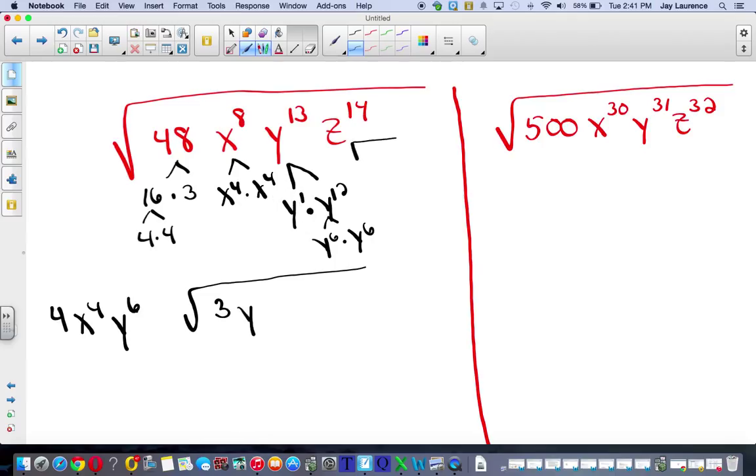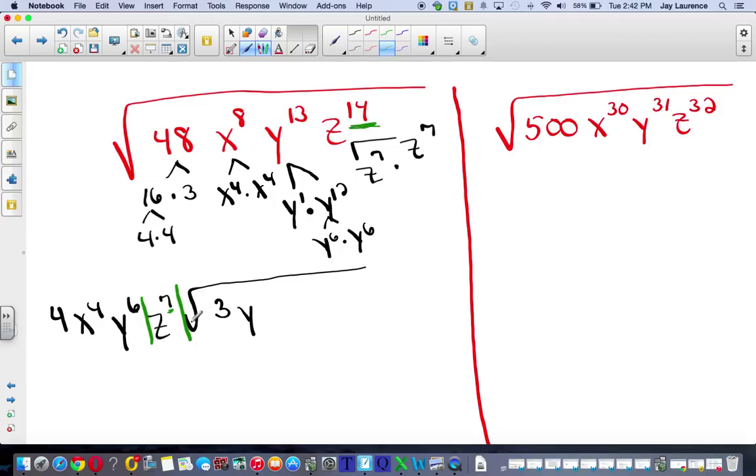Now the z. It's going to be a z to the 7th times a z to the 7th. Take the radical of that, except that odd exponent outside, even exponent inside, tells me I'm going to need the absolute values. So this was even, this was odd.